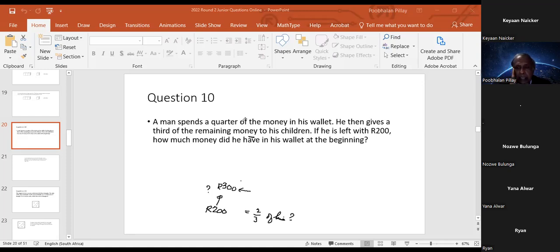But then before that, he spent a quarter of the money in his wallet, right? He had something in his wallet here, and he spent a quarter of that. So he was left with only 3/4 of what he started with. So this thing here is 3/4 of the initial money.